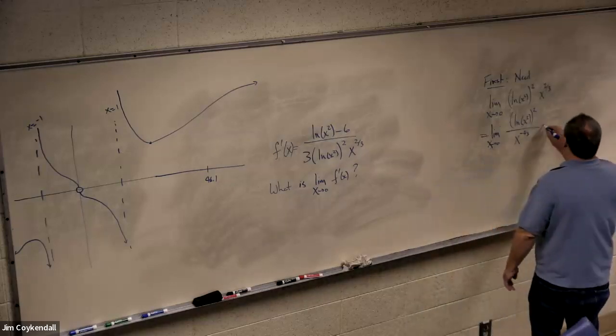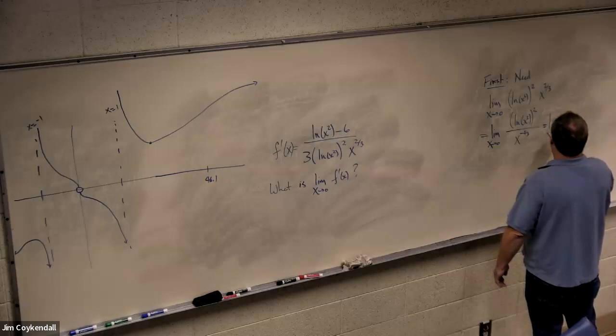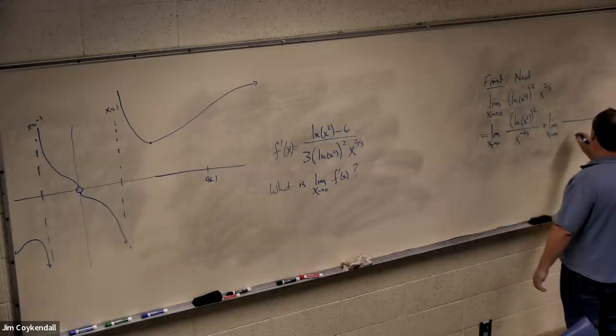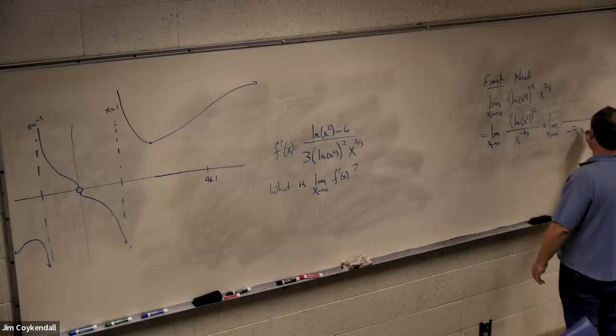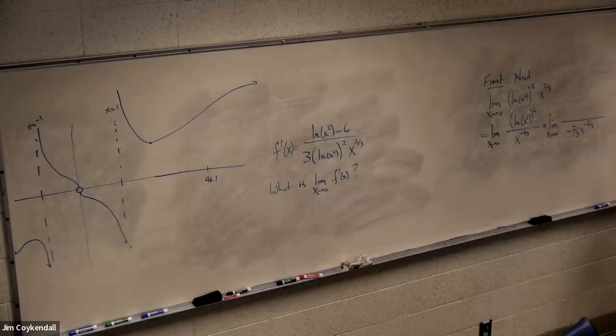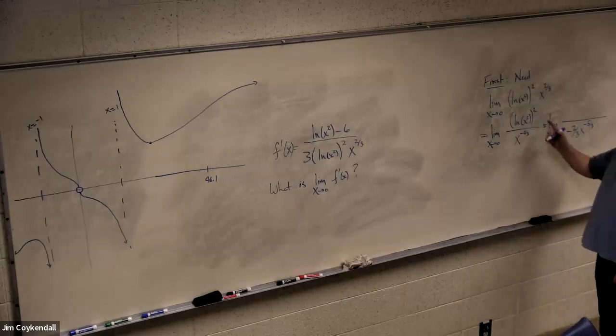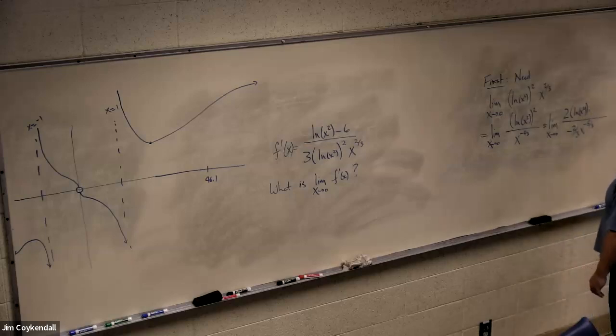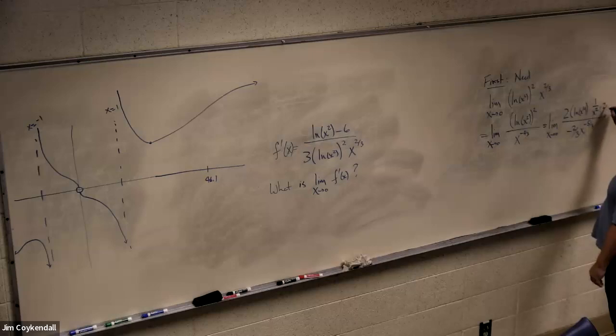So let's see what happens. This is minus 2/3 x minus 5/3. Right. And derivative at the top is 2 natural log x squared times derivative of what's inside, which is 1 over x squared times 2x.